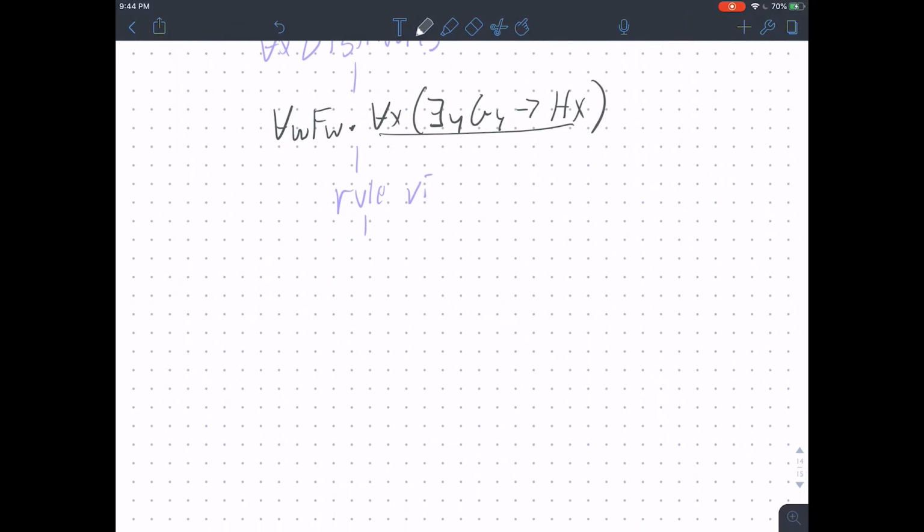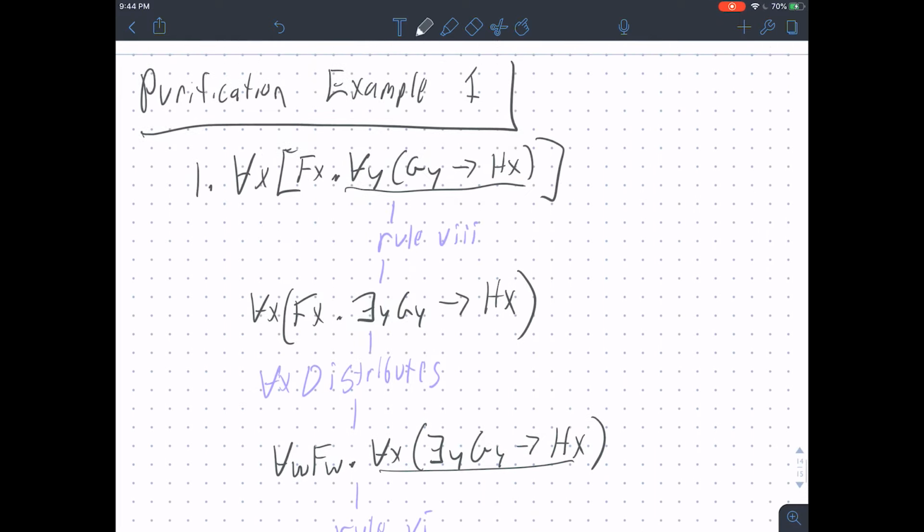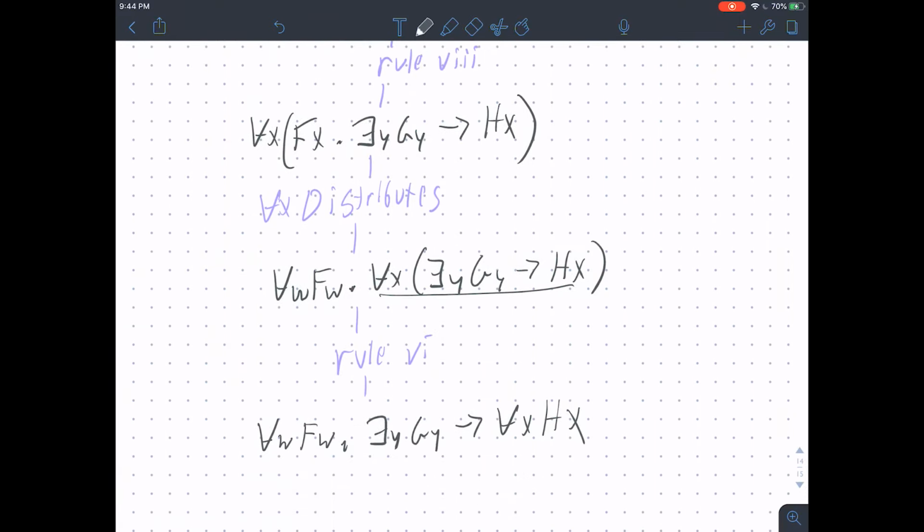And we're just applying that, we're only working on that. Oh, oops, didn't mean to write that. Sorry. And that's pure. That's how we purify a schema.